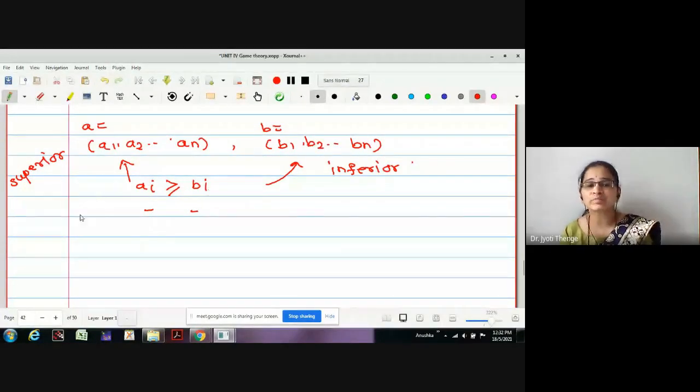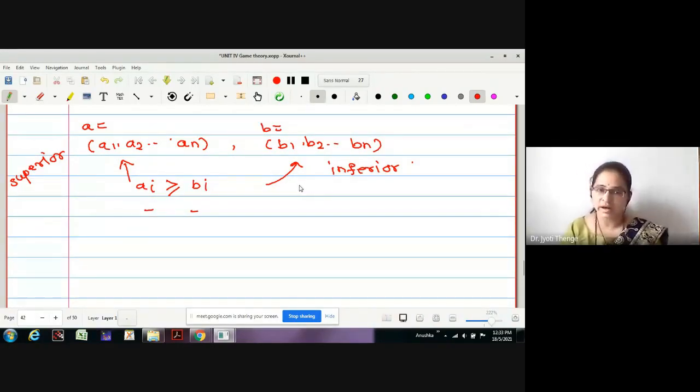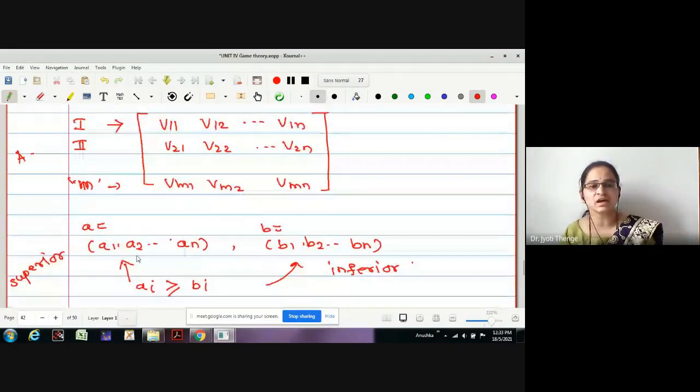And if we want the maximum, then Bi will be dominated, suppressed or deleted. Therefore, according to the requirement, it will be decided whether A or B is to be dominated. Is this definition of superior and inferior clear?